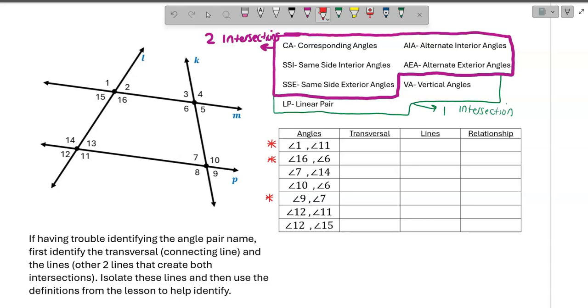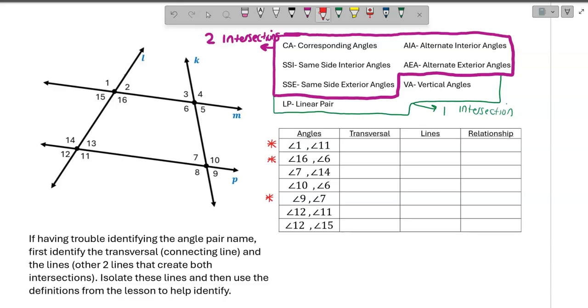When we take a look at this, what we have to recognize is that every angle pair relationship, when they are at different intersections, involves one connector line, better known as our transversal, and 2 other lines that form both of those angles.